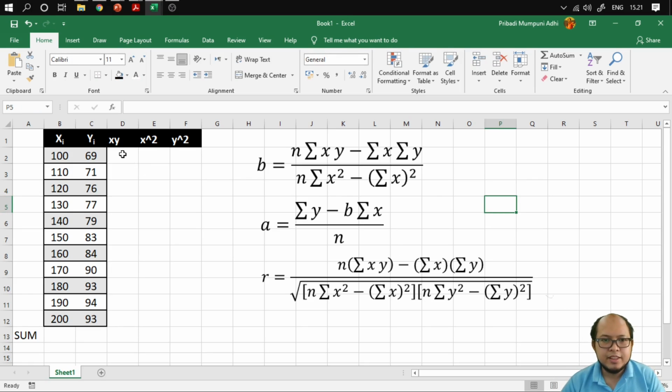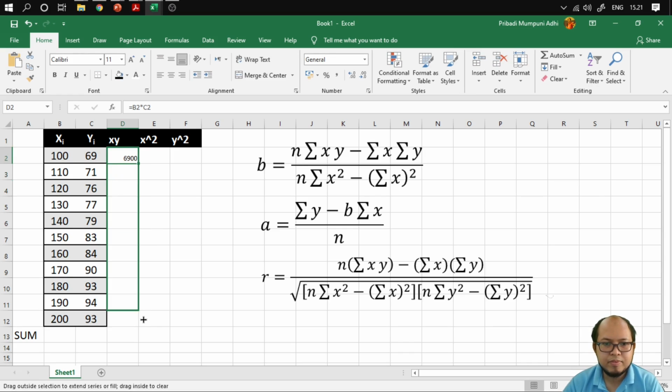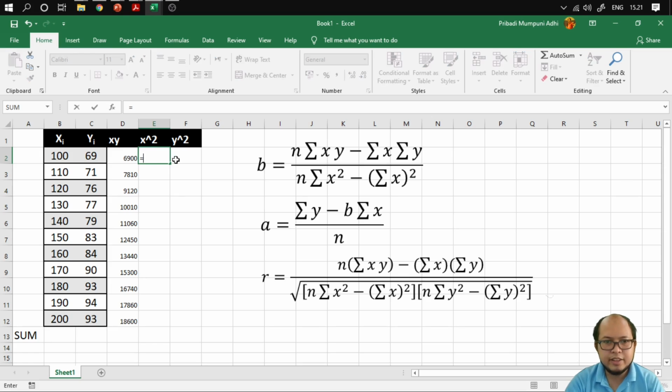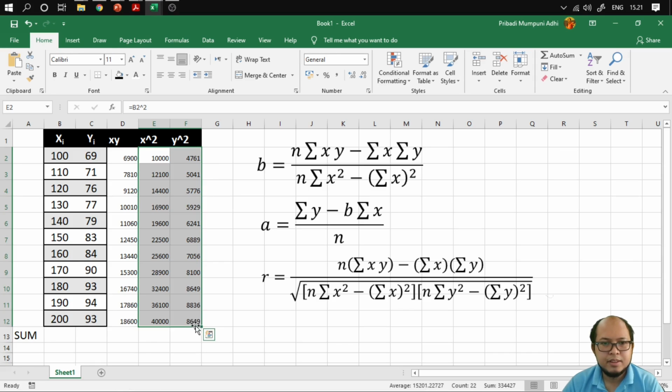Now just do the Excel file. So x multiplied by y, and this is the x square, so x square, and y square. Okay, I will make it bigger.